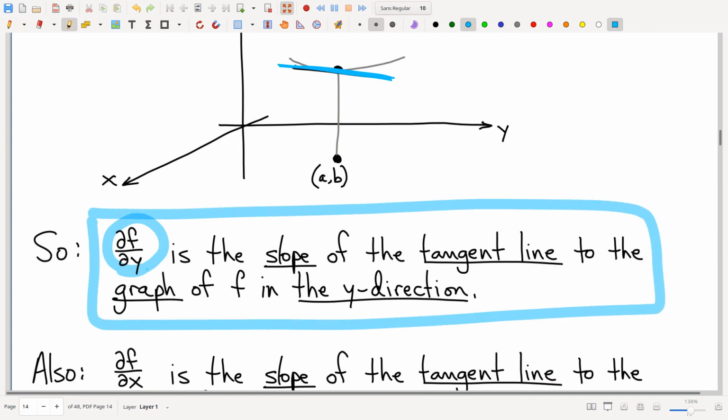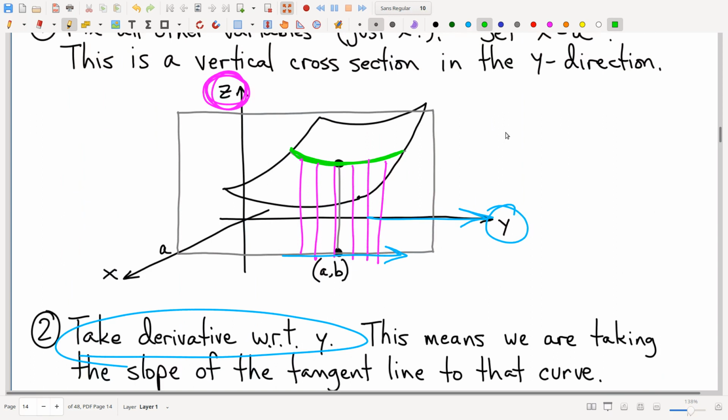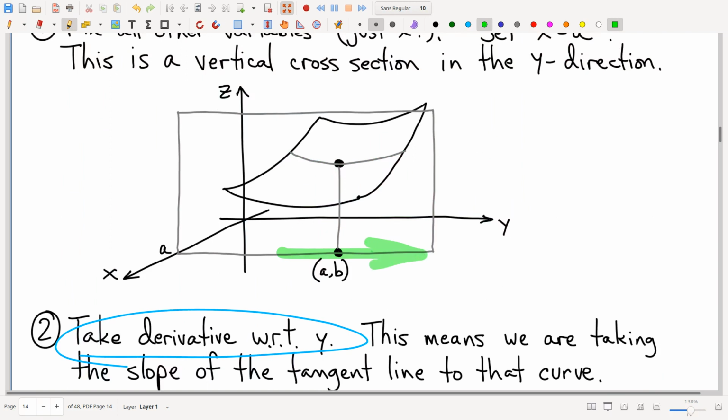Partial derivative with respect to y is the slope of the tangent line. You're going to be tempted to just stop there, because that's where in single variable calculus, we just say, derivative, slope of the tangent line. Right? Very importantly, though, we do need to specify that when I say slope of the tangent line, I mean slope of the tangent line as I go in the y direction.